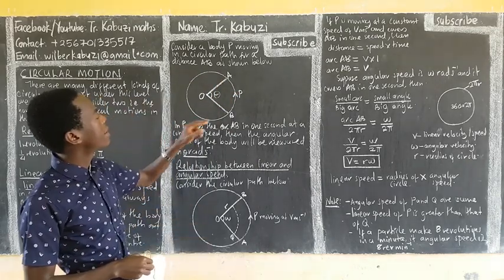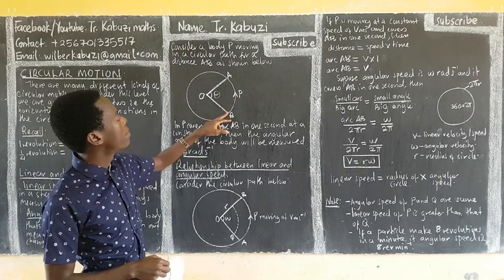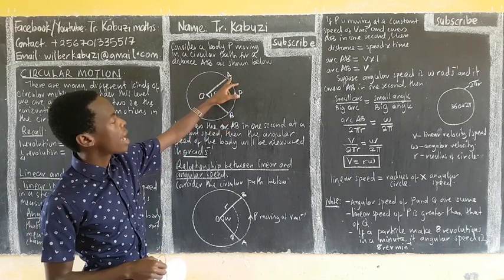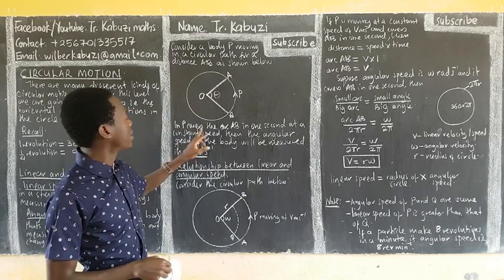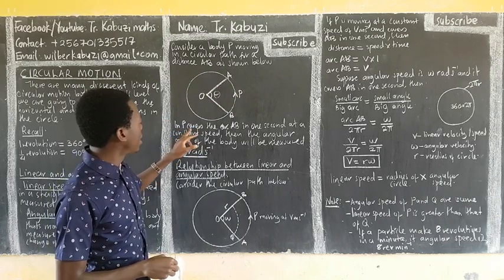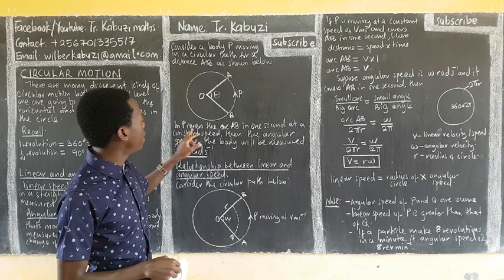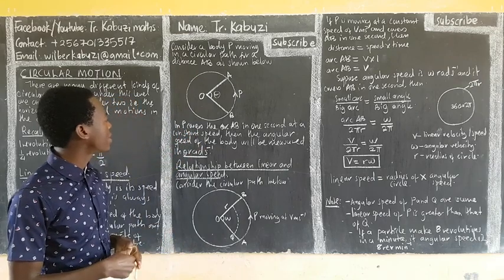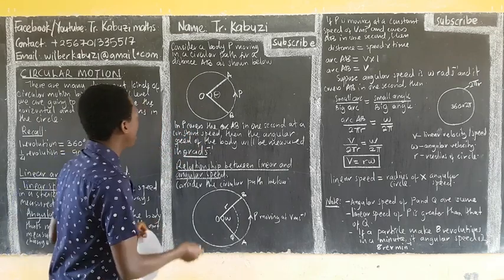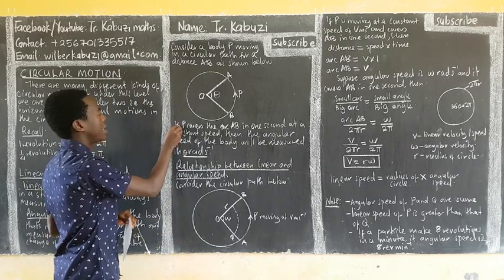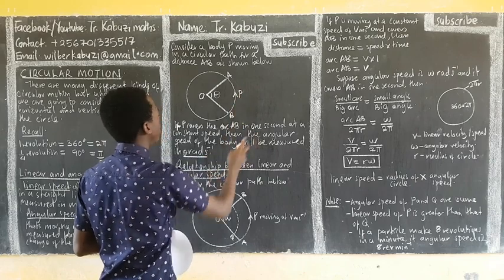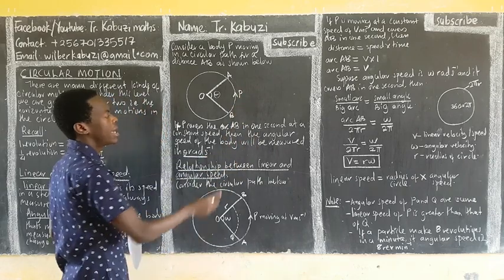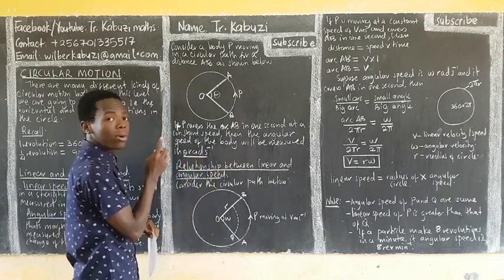Now we are going to consider a particle P moving from here up to here with an angle theta. If P covers the arc AB in 1 second at a constant speed, then the angular speed, why do we call it angular?